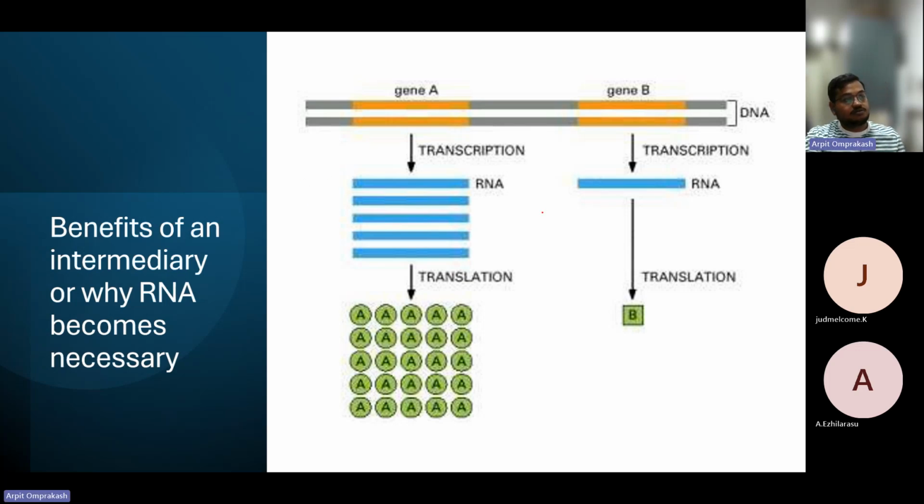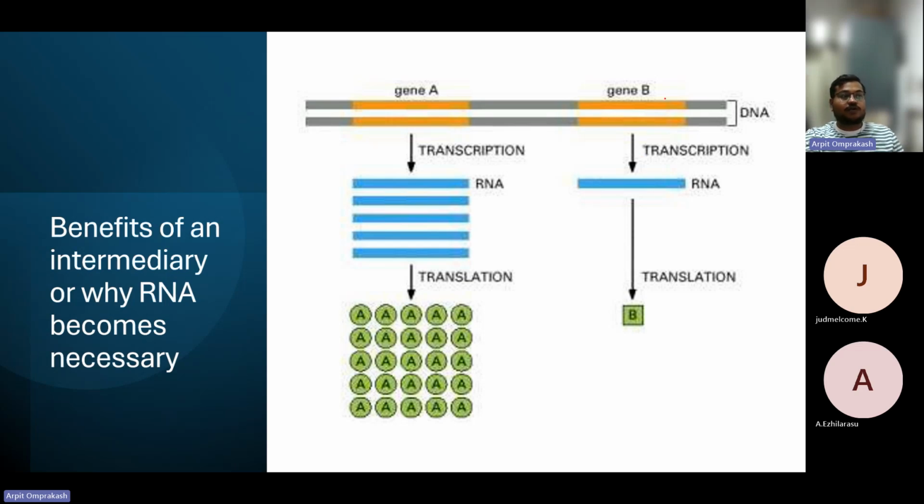So here is a straightforward benefit of why having a molecule like RNA can help. For example, you have a copy of gene A and a copy of gene B. The amount of protein that they produce can vary a lot based on the amount of RNAs that are produced from this DNA.